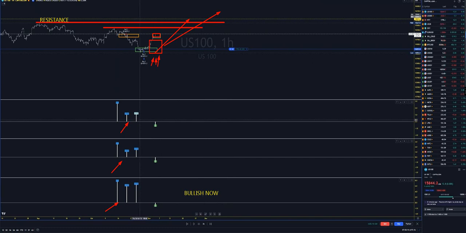And if we see, for example, form in 4 hourly, right? Let's say NASDAQ is down, or one of these blue lines, or two of them are down, or even all of them are down.